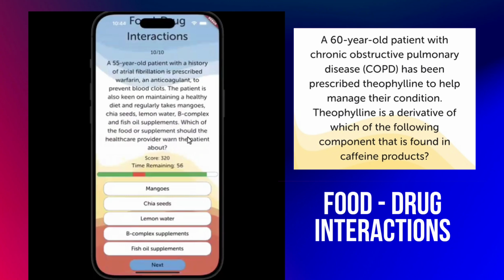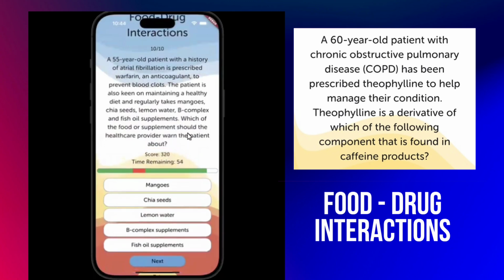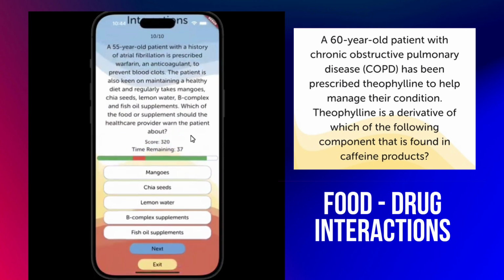A 55-year-old patient with a history of atrial fibrillation is prescribed warfarin, which is Coumadin, an anticoagulant to prevent blood clots. The patient is also keen on maintaining a healthy diet and regularly takes mangoes, chia seeds, lemon water, B complex, and fish oil supplements.